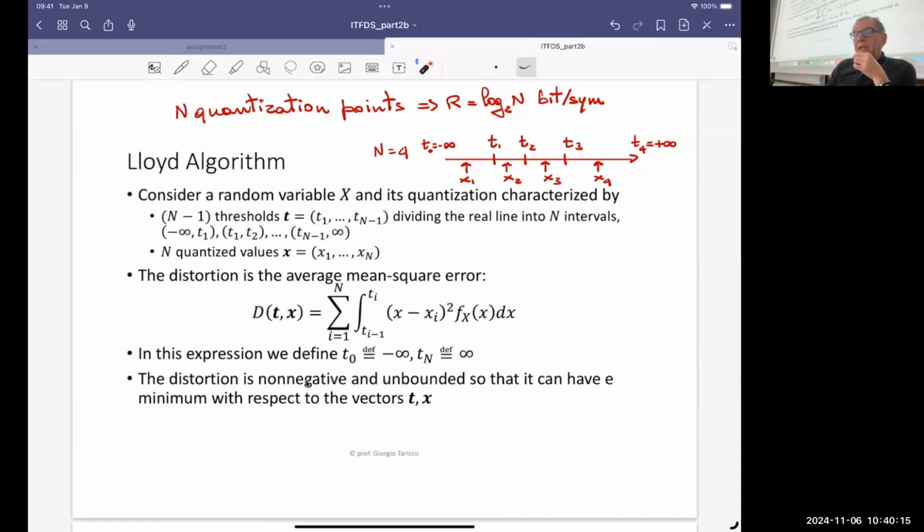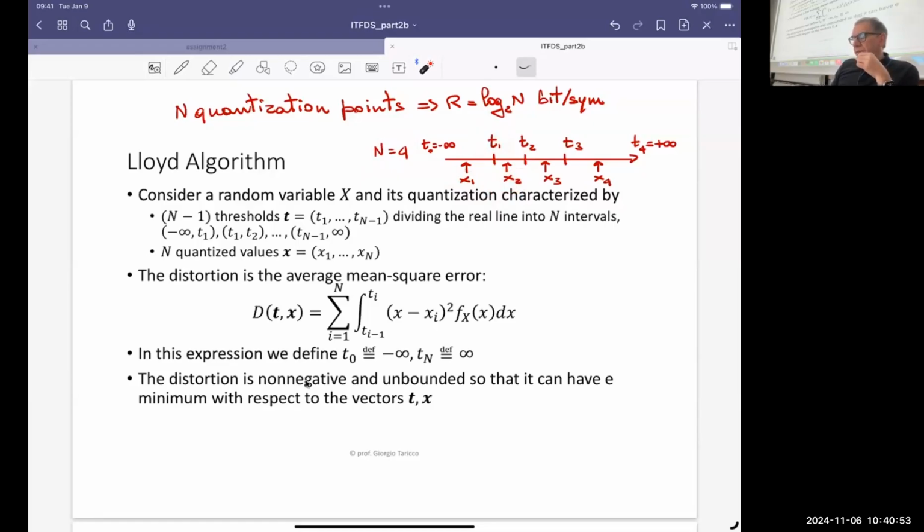And so when, for example, in the case n equal to 4, we are in the first interval that goes from minus infinity to t1, the quantization point is x1, and therefore we are going to integrate, in that case, x minus x1 squared times the probability density function from minus infinity to t1. When x is between t1 and t2, we are going to integrate x minus x2 squared times the probability density function, and so on.